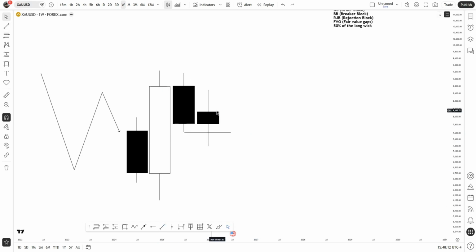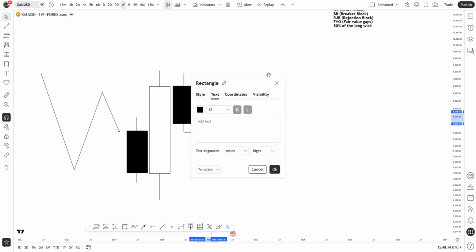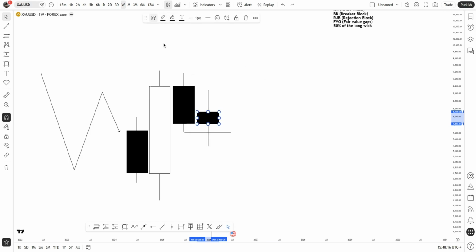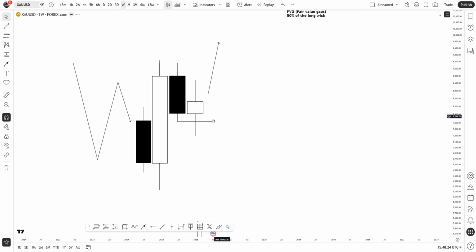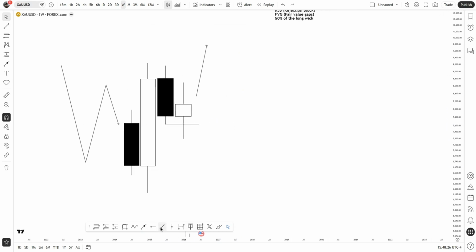So this will be your CRT here, and you can continue. Okay, so this is the high time frame structure after a liquidity sweep.